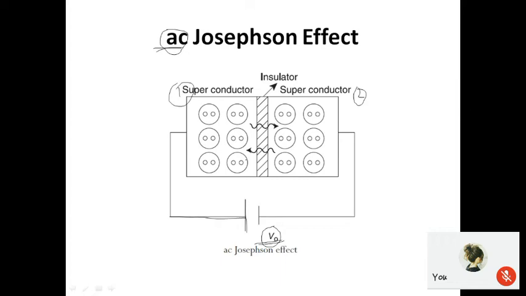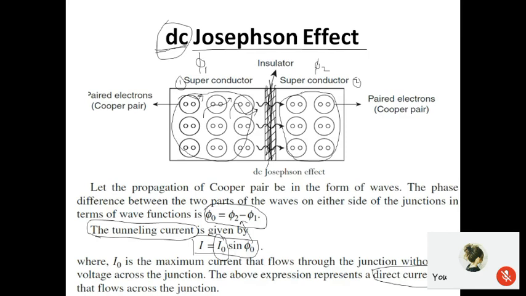Now if we consider the previous case, there is already a phase difference of phi naught existing between the Cooper pair waves of superconductor 1 and 2.